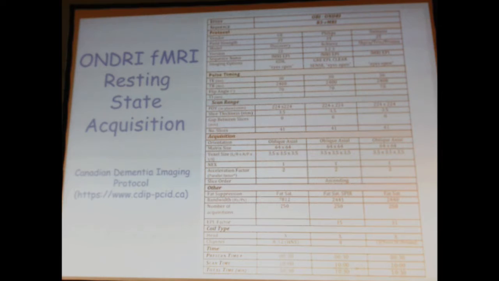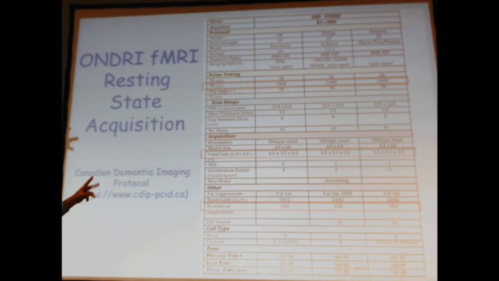You can see we have to deal with GE, Philips, and Siemens, and this is just the resting state sequence. There's a whole pile of other acquisitions I won't talk about. So the things that I just want you to note is it's a very standard, very conservative sequence, because we didn't want to push any of the scanners. There's no multiband or anything like that.